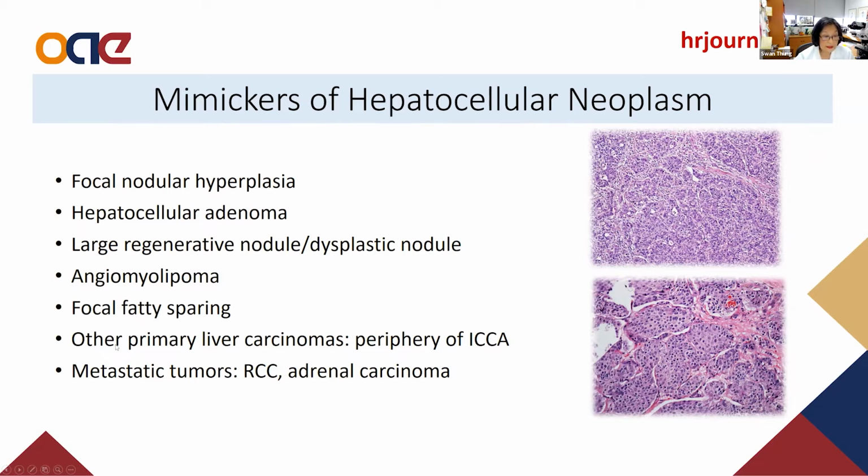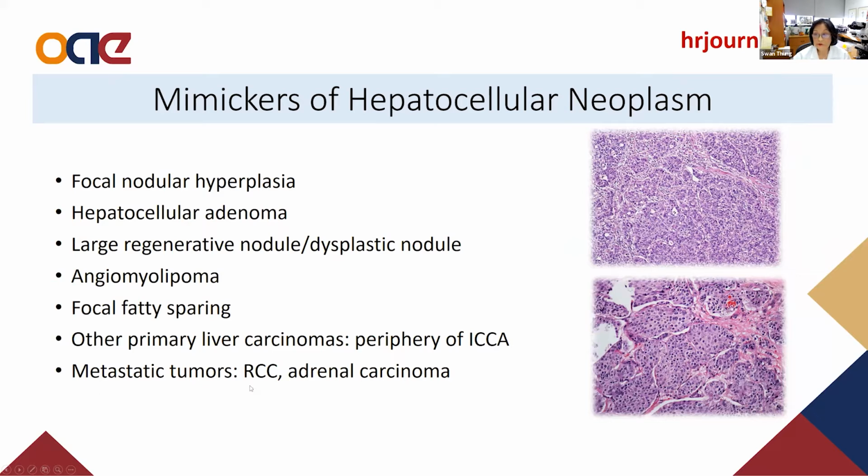The other thing is primary liver carcinomas, such as the intrahepatic cholangiocarcinoma. If the biopsy is obtained from the periphery of the tumor, very often the tumor cells arrange in a trabecular pattern and are therefore mistaken as a hepatocellular carcinoma.